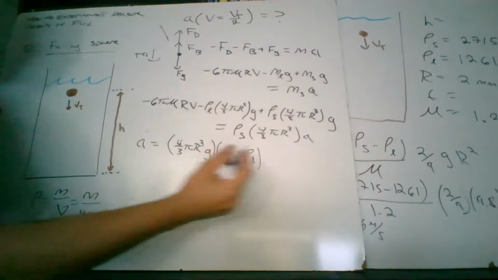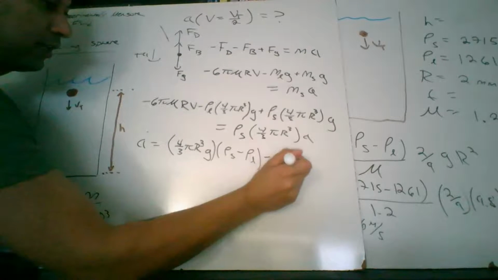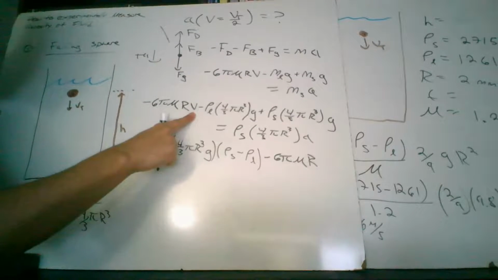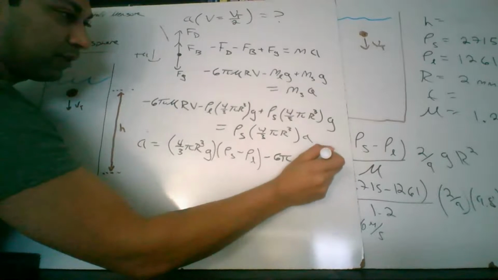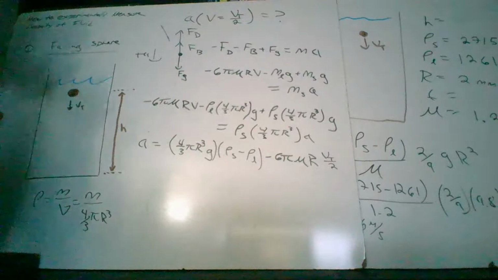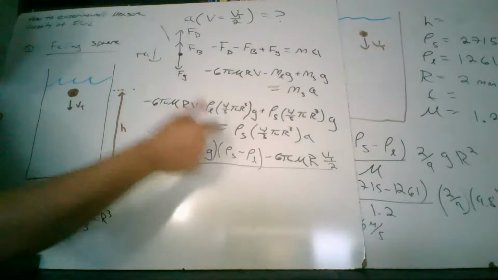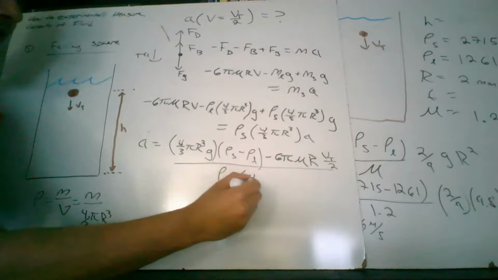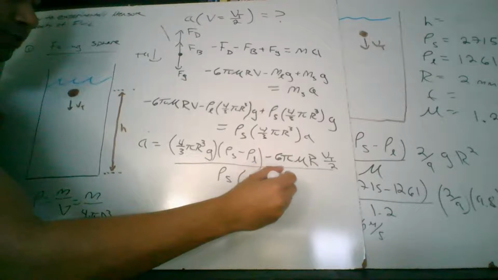So that's these two terms, minus 6 times pi times mu times r times v. And it's the velocity of the terminal velocity divided by 2, because we're asking for the velocity when it's the terminal velocity divided by 2. And all of that is going to be divided by this term right here, which is the density of the solid times 4/3 pi big R cubed.